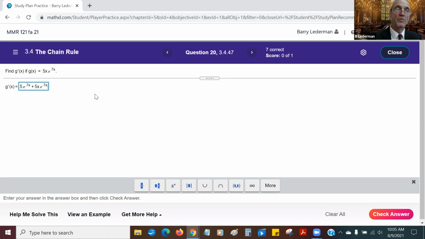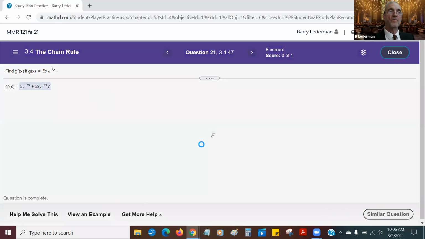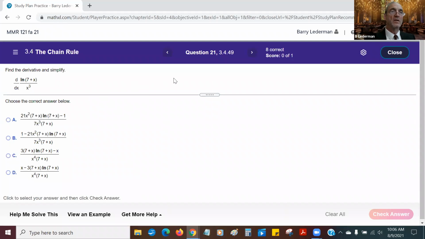The inner derivative of 7x is just 7. So I'm going to write times 7. There you go. It's very awkward and cumbersome when I write it this way. Personally, I like to write these better, nicer, and neater, but this is technically correct.